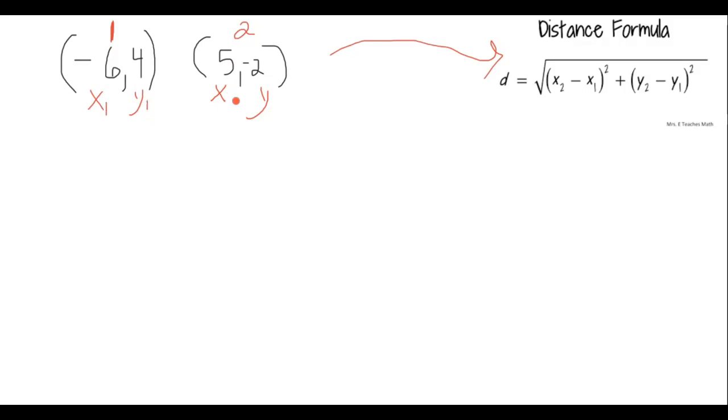Same thing over here. X is under point 2, so this one will be X2, and this will be Y2. So before you do anything else, you should label the points with the X1, Y1, X2, Y2, because when you get to substituting into the formula, it's going to make it so much easier for you.